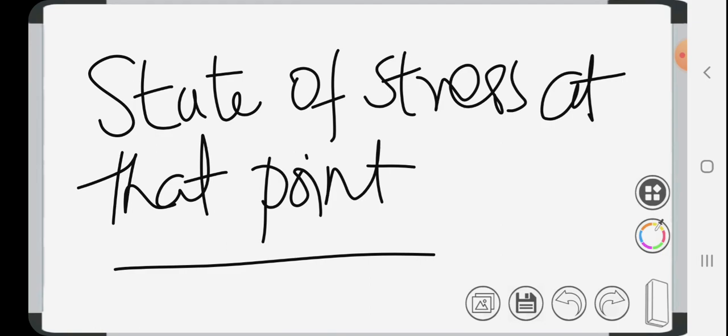So students, very important: what is state of stress at that point? It is the totality of all stress vectors acting on every possible plane passing through that point.